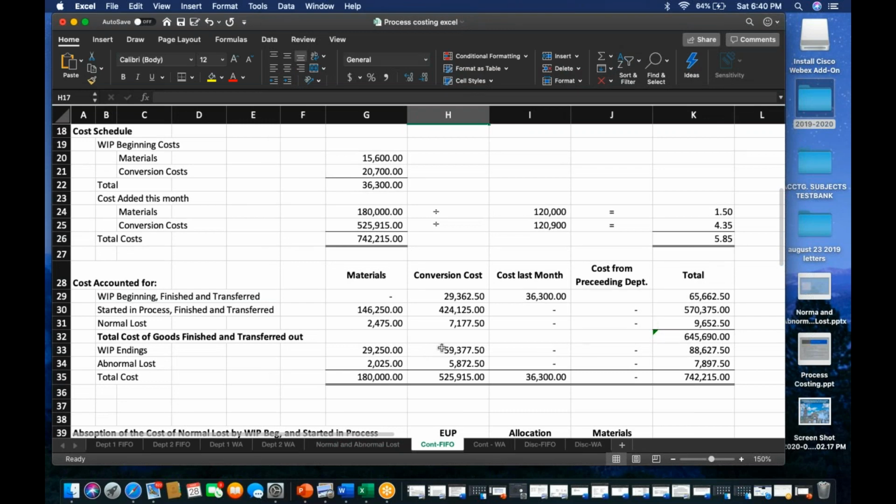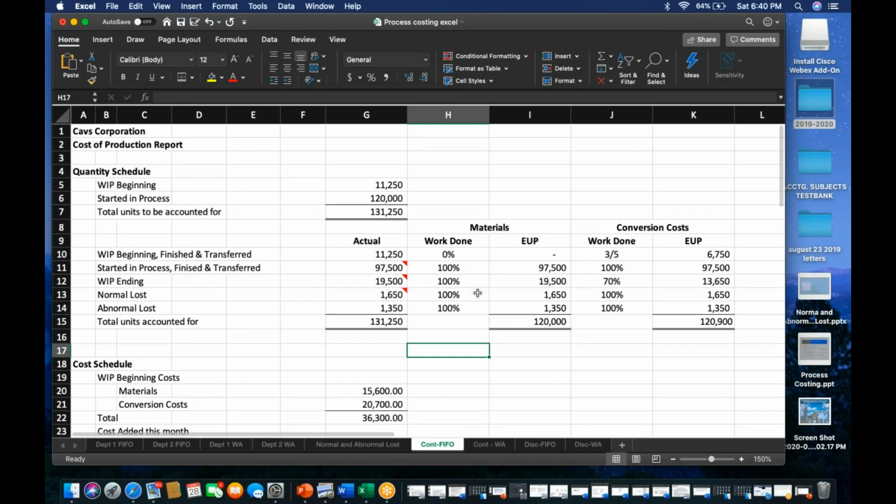Continuous loss, first in, first out. So 120,000 plus 11,250, we are accounting for 131,250 units. Okay? So itong 11,250 is given. Let me put some color dun sa mga given para hindi tayo malito.